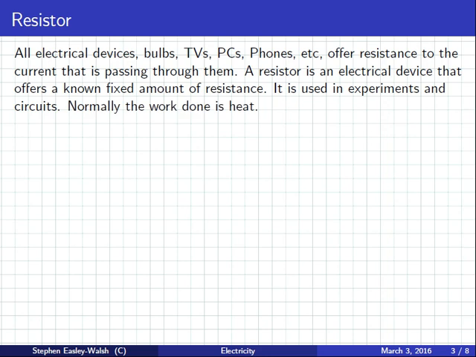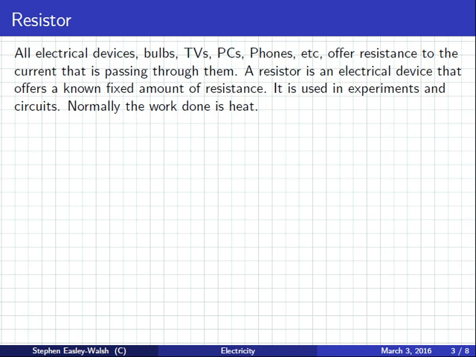Now I do have one actually, wonderful, because I was doing the experiments with the September students. Here we go. Here's an example. This is a little resistor here. If a current passes through this, there will be a resistance. If there's a resistance, it means some of the potential energy was converted.